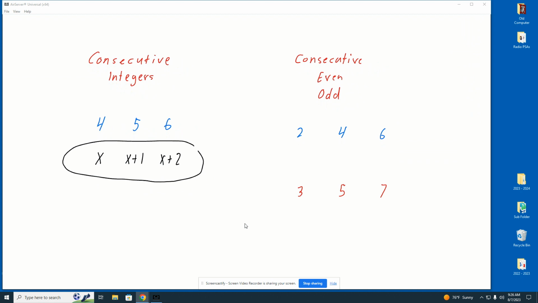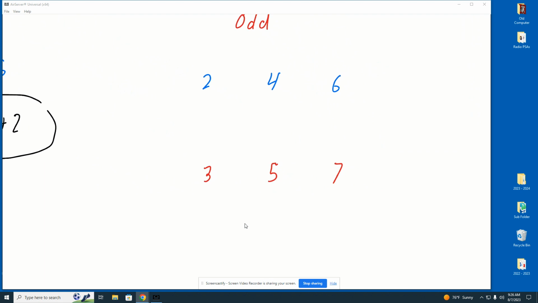Let me explain. If I were defining the very first term, I don't know what the very first one is, do I? So what would I call the very first one? I would call it x. If I was doing consecutive even or consecutive odd, I would call the first one x.